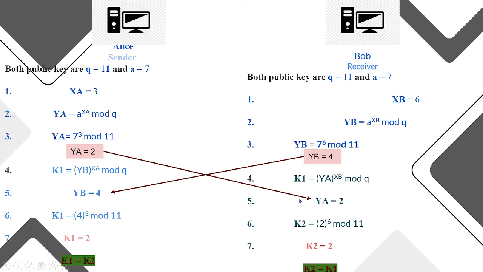We know that YA equals 2 was sent by Alice. So YA power XB mod Q, K2 equals 2 power 6 mod 11, which equals 2. So we can see that Alice's K1 value is 2 and Bob's K2 value is 2. K1 equals K2, so the key exchange is complete.